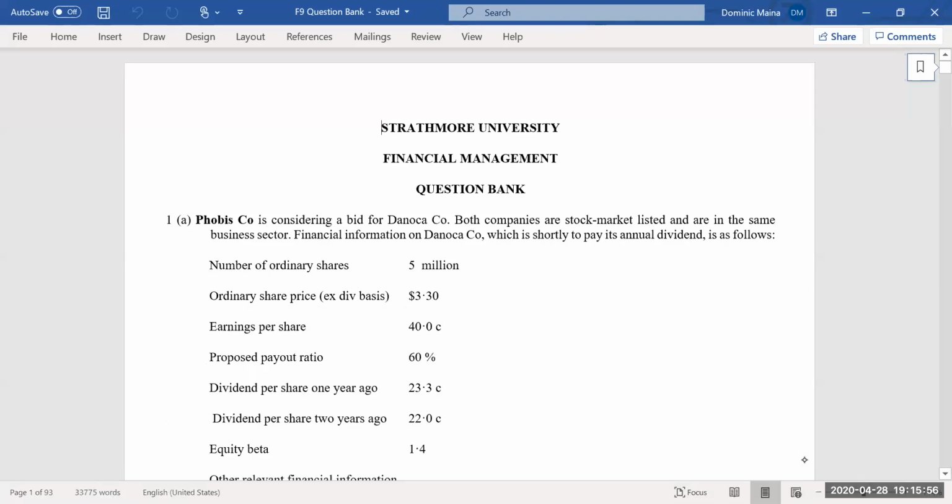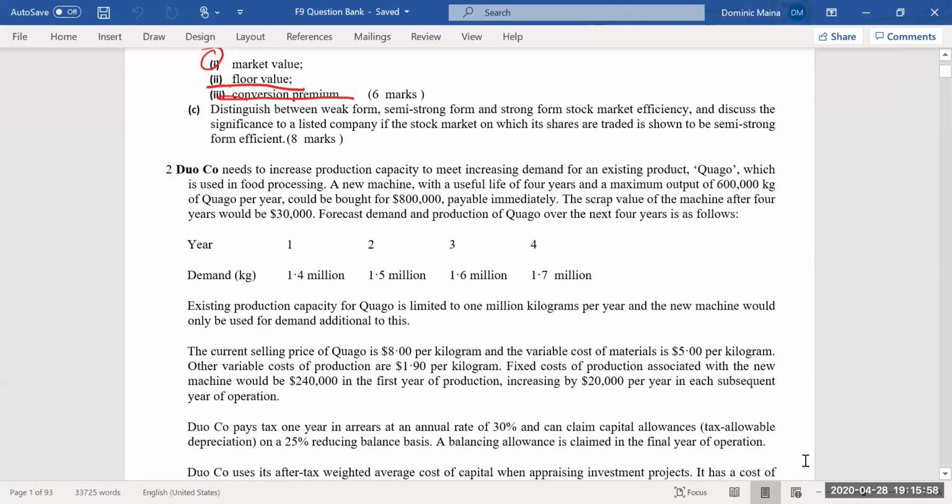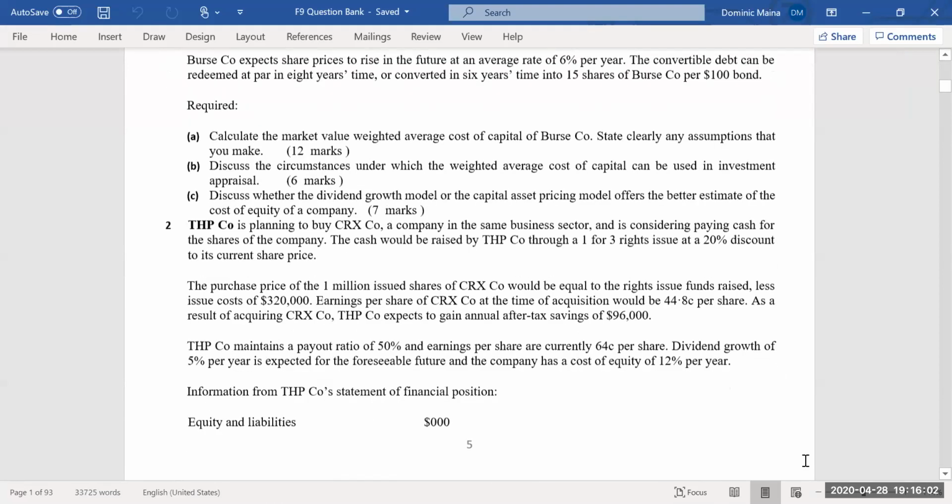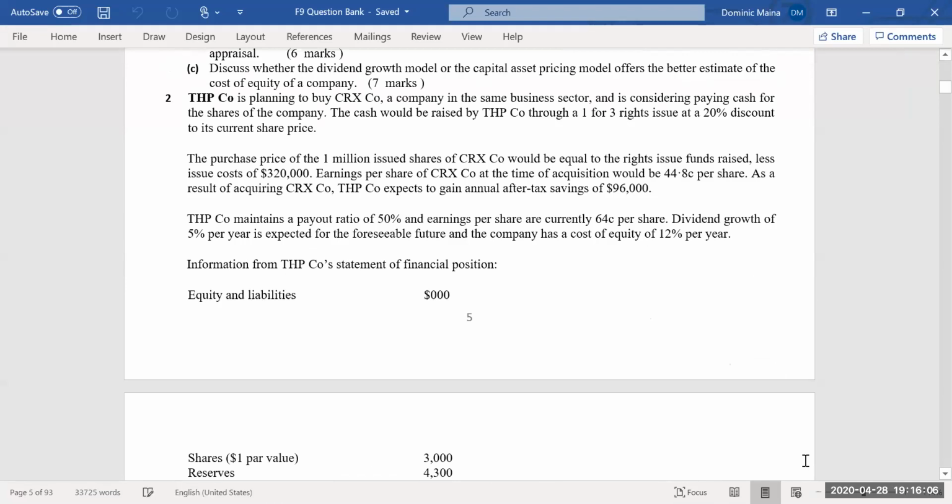Let me share the screen again on my question bank. On CRX company, we are told that currently its earnings per share is 44.8 cents. That's the earnings of this company.